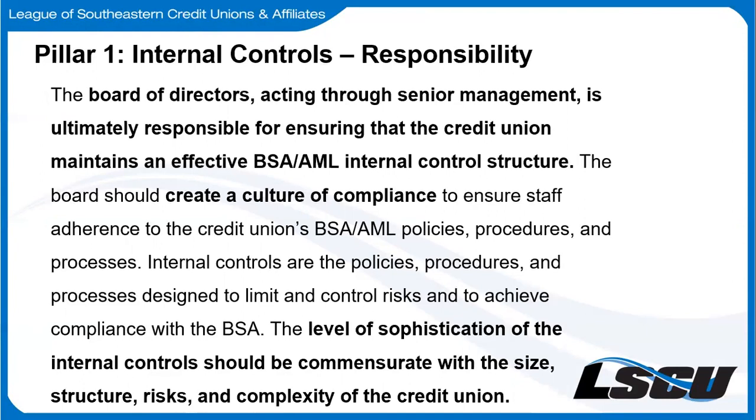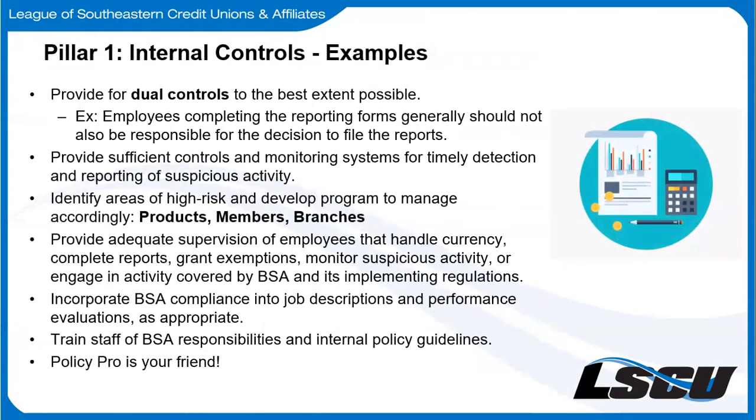Our internal control structure should always be in line with the size of our credit union, the structure, risks, and our complexity. So some common examples of internal controls that we see in credit unions include providing dual controls to the best extent possible.